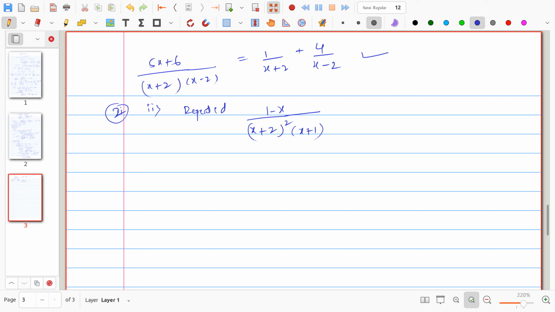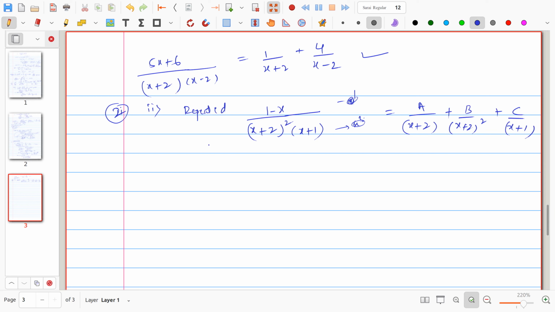Here the degree of the denominator polynomial is x cubed, and the numerator is one degree, so it is definitely a proper function. Then we resolve it: A divided by (x + 2), then the repeated term B divided by (x + 2) square, and then the C term is (x + 1).